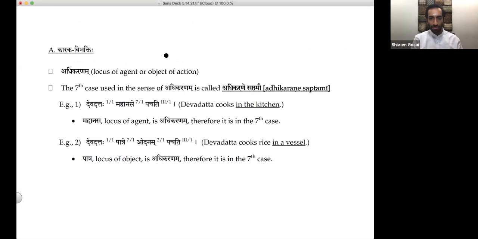Now let's open our books to this page. Sorry, I don't have the page numbers with me. This is where we're talking about vibhakti artha on the seven cases, the meaning of the seventh case. I assume it's around page 59 from memory.